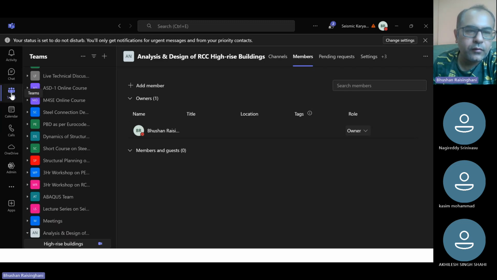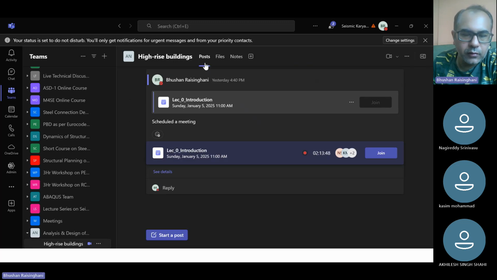Better you download it and use MS Teams on the desktop, with the Teams in which you are added. The benefit is that you will be able to see the posts, and whatever meeting is arranged for the next session. I will create a calendar for it, so you will be notified whenever the session has started.